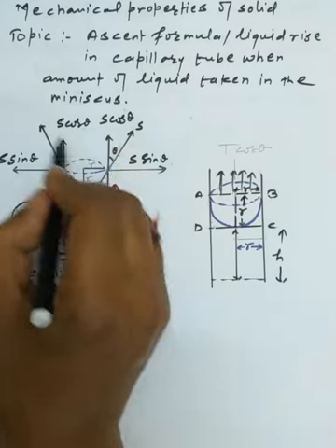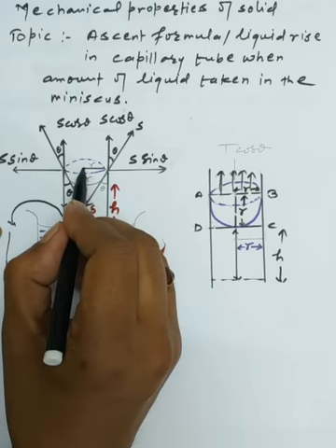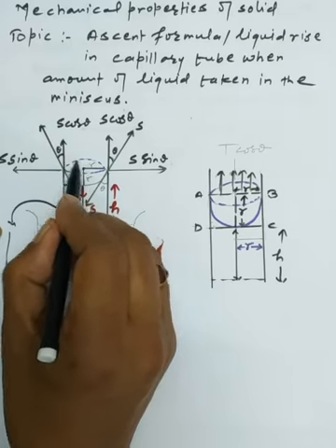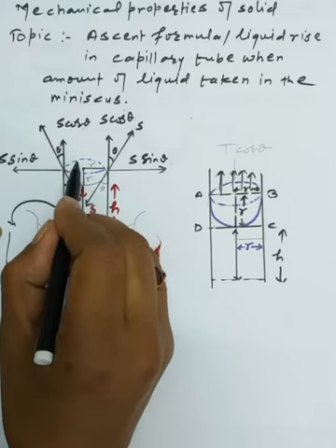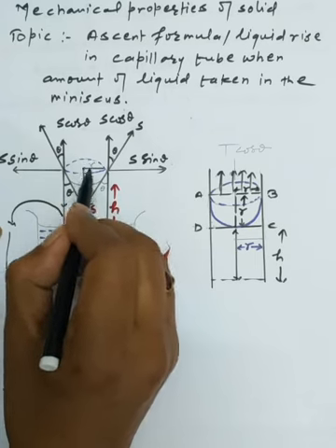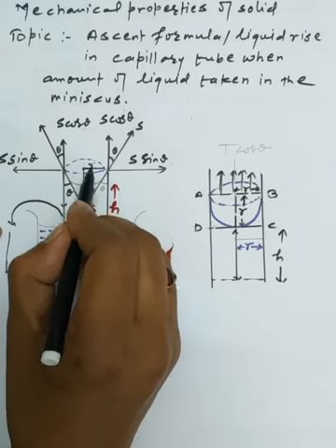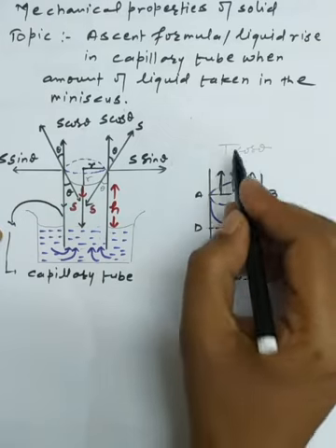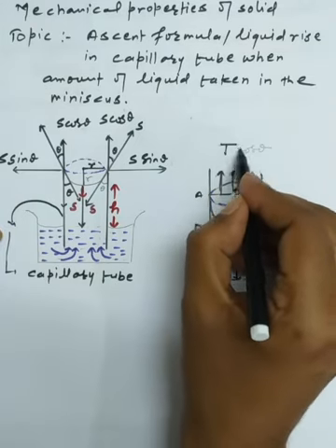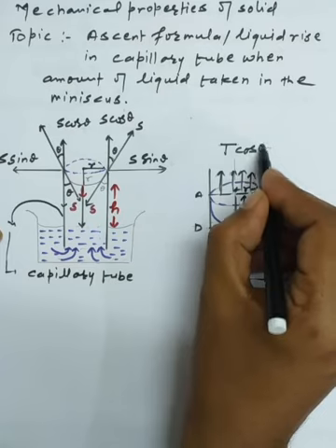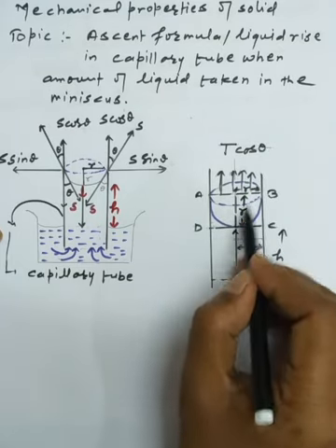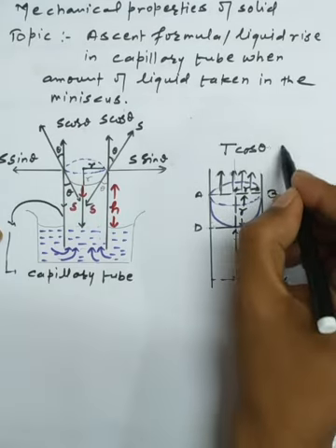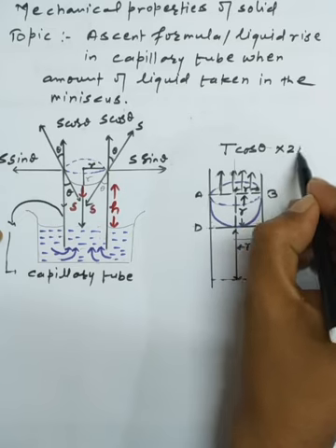So this S cos theta is working on a spherical, that means circular portion of the radius r. So that's why the liquid rises up due to this surface tension force. So here we can imagine that T cos theta is acting on a hemispherical drop, acting on a length that is called the 2 pi r.